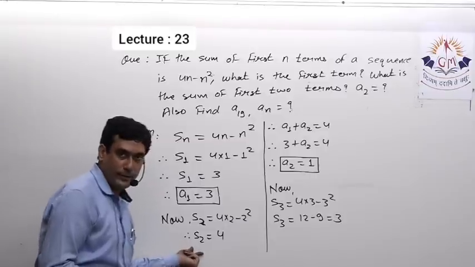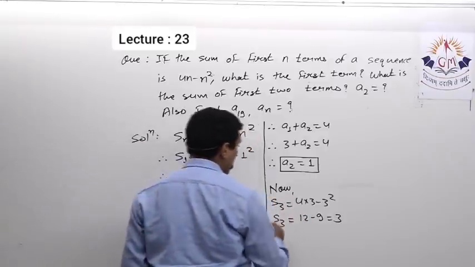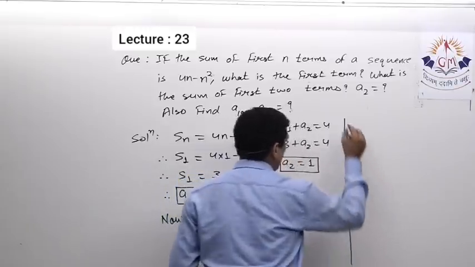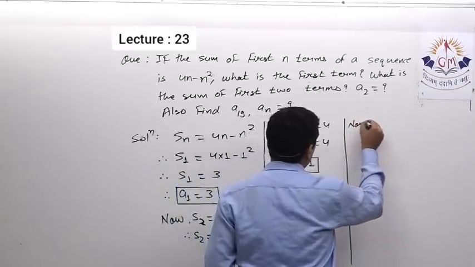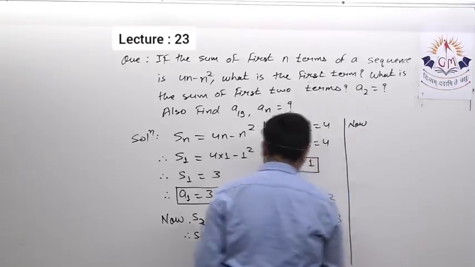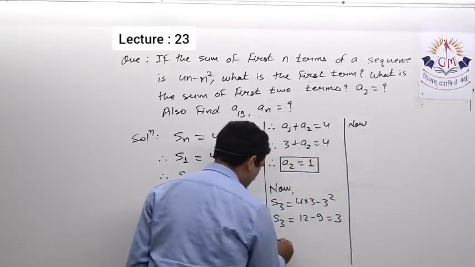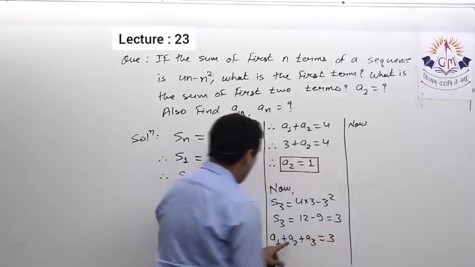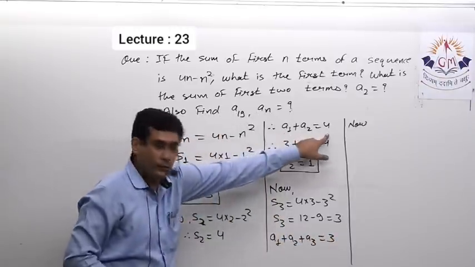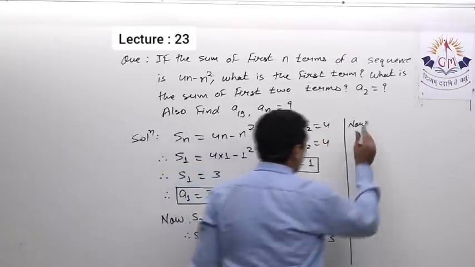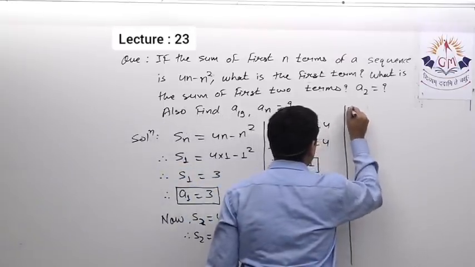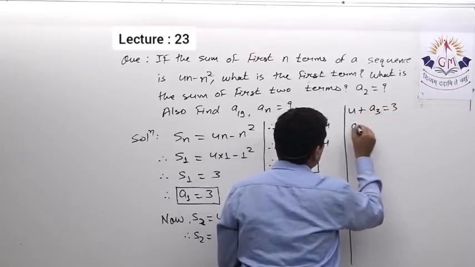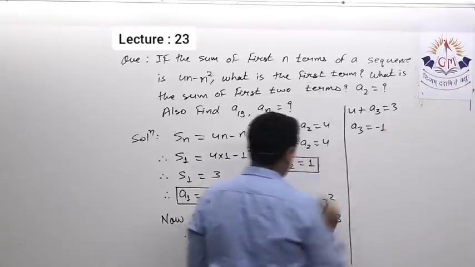If I subtract this from this, I will get the term. Further here I can write a1 plus a2 plus a3 is equal to 3. Now a1 plus a2 I already have, that is 4. So I can write 4 plus a3 is equal to 3. This gives me a3 equal to minus 1.